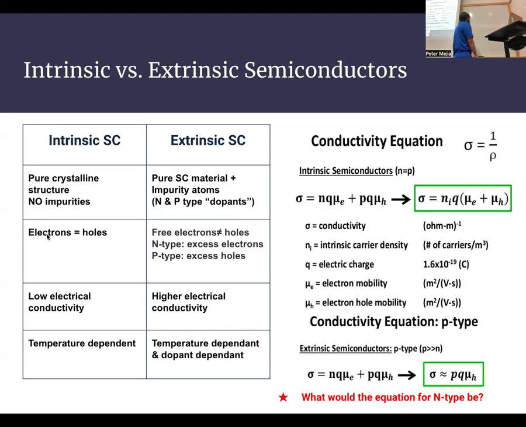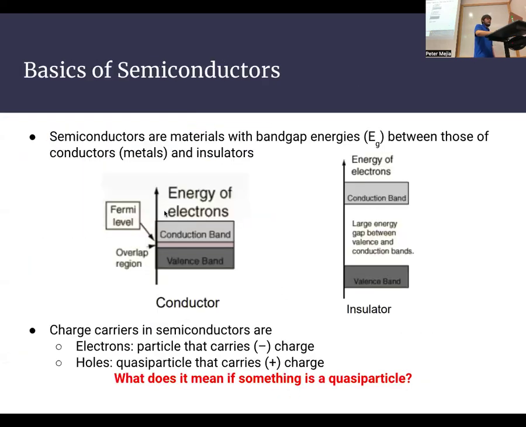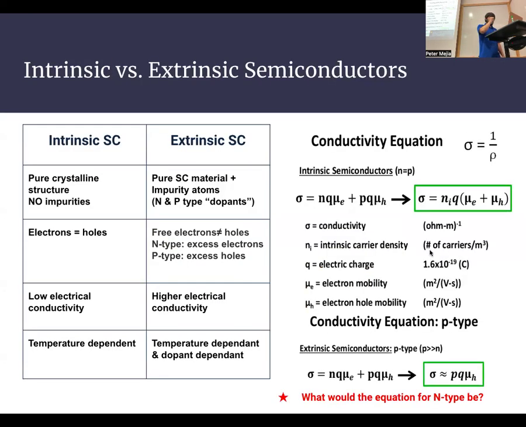I'll use the insulator because the band diagram is similar to the semiconductor, except the band gap is smaller. Every electron that leaves the valence band and goes to the conduction band leaves behind a hole in the valence band, so they're equal numbers. As more keep going up, you still get equal numbers. So electrons equal holes for intrinsic semiconductors.